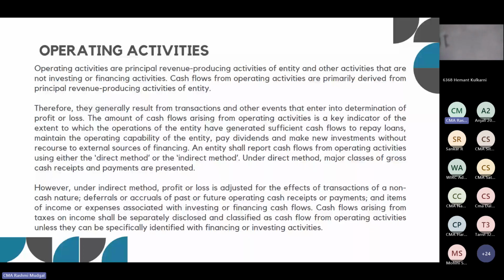Cash flow arising from tax on income shall be separately disclosed and classified as cash flow from operating activities unless specifically identified with financing or investing activities.